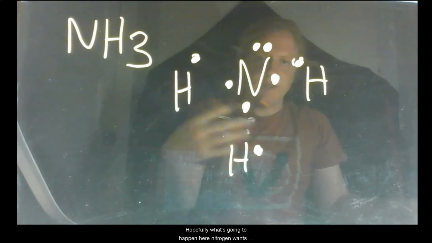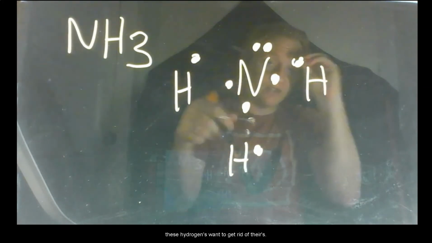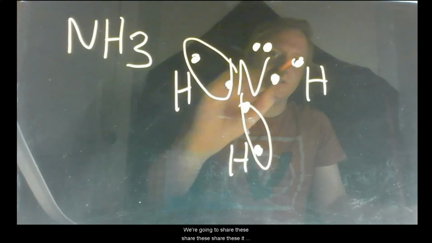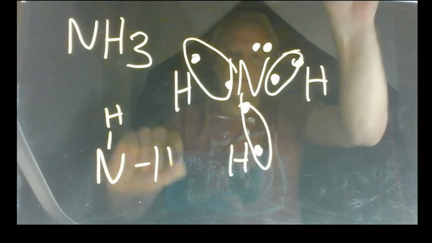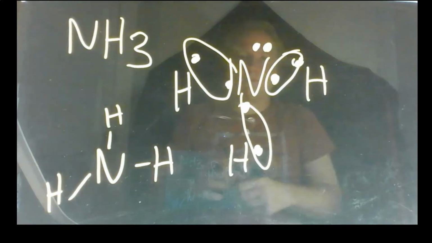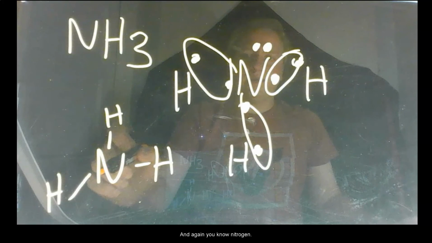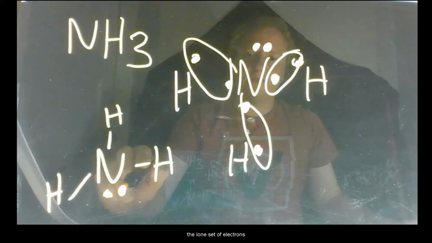So this is a little sloppy, sorry, but it should be pretty obvious, hopefully, what's going to happen here. Nitrogen wants to get 3 more electrons, and all 3 of these hydrogens want to get rid of theirs. So we're going to share these, we're going to share these, we're going to share these, so that looks something like this. Okay, and again, nitrogen, forgot, there's an unpaired set of electrons here.